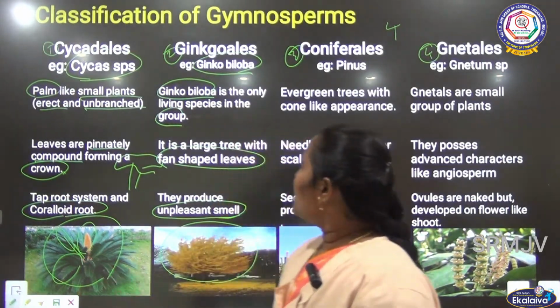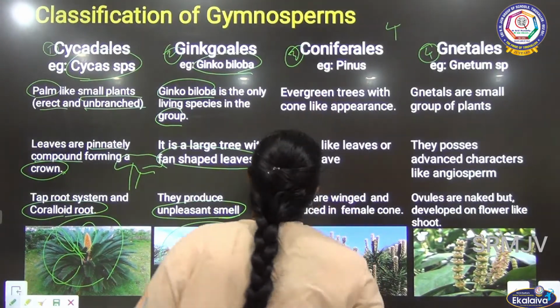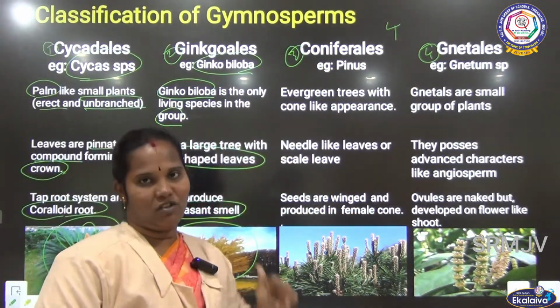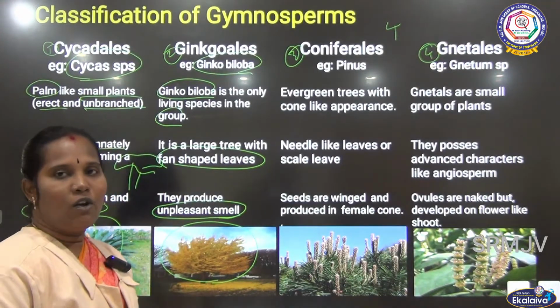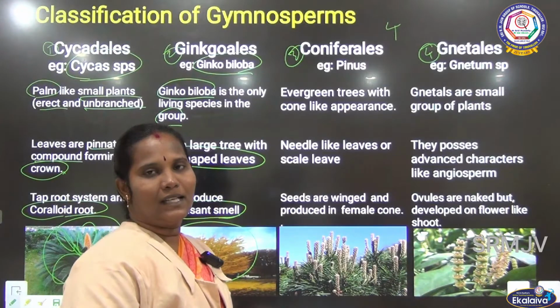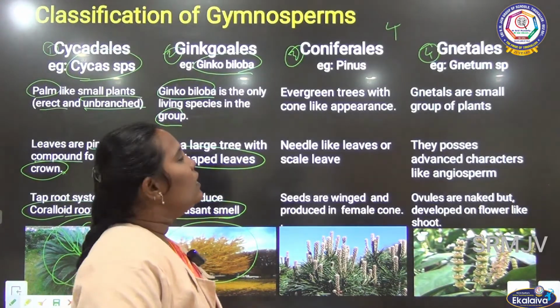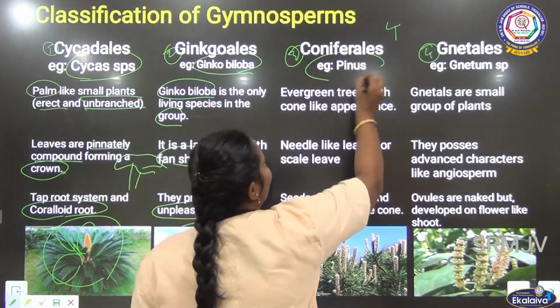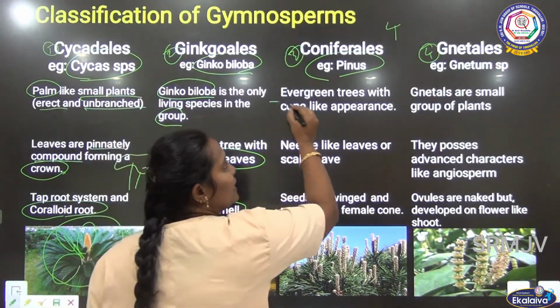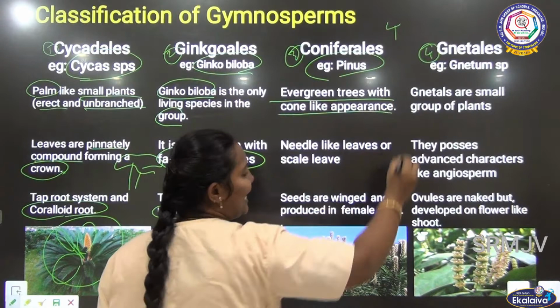Next, third one. It is the Coniferales. An example for the Coniferales is Pinus. The Pinus tree is the example. Apart from this, we can say Agathis, like this many plants we can see. What are Pinus plants? They are evergreen trees with a cone-like appearance.